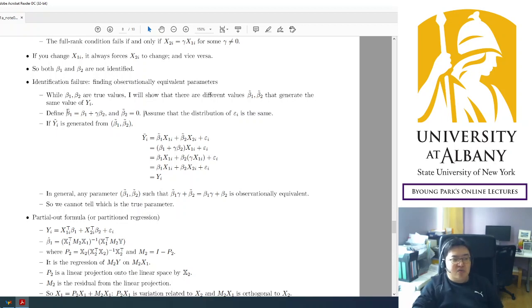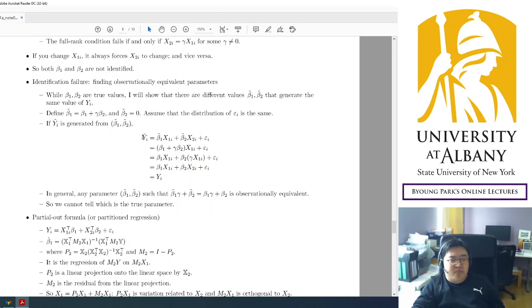Now suppose that from beta tilde, you observe y tilde. Suppose y tilde is generated from beta tilde, but the exogenous variables are given in the same way, so x and epsilon are given from outside.